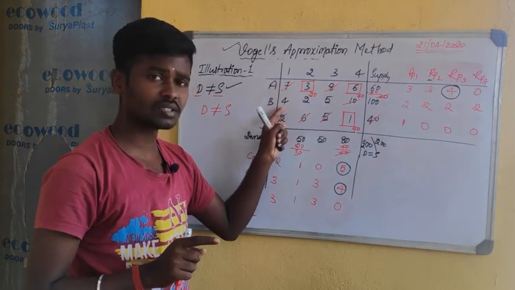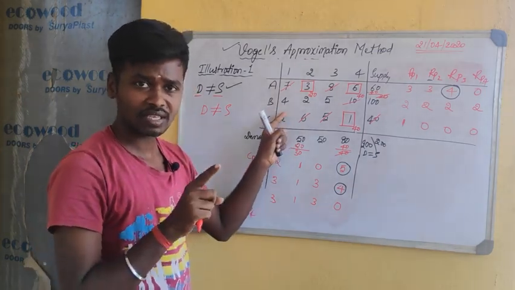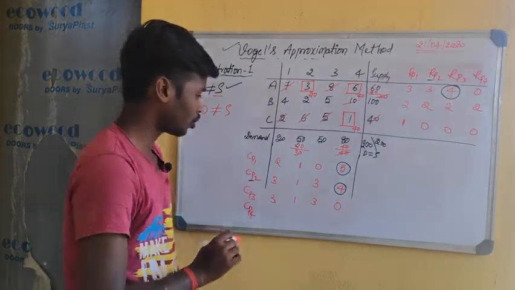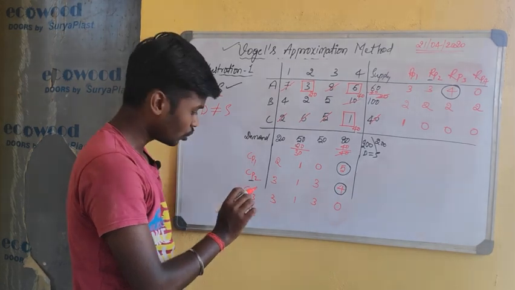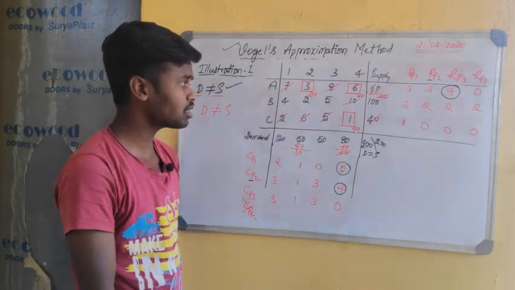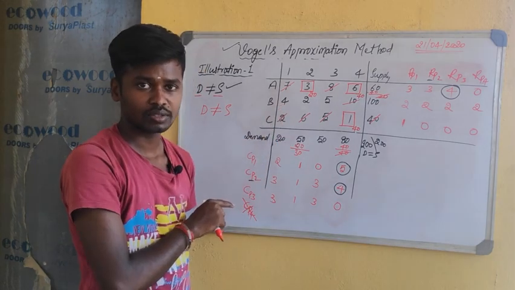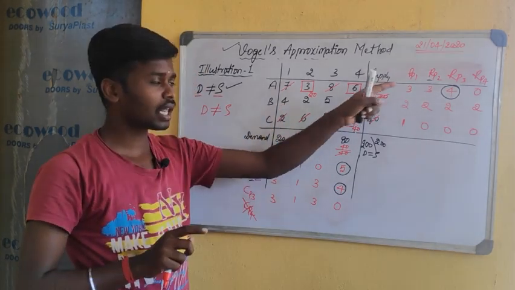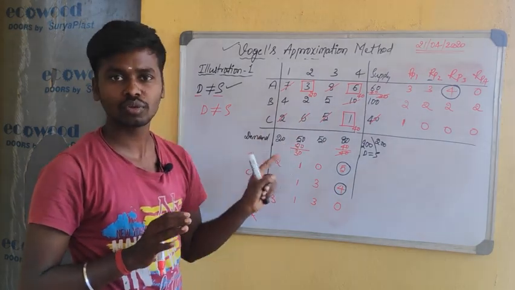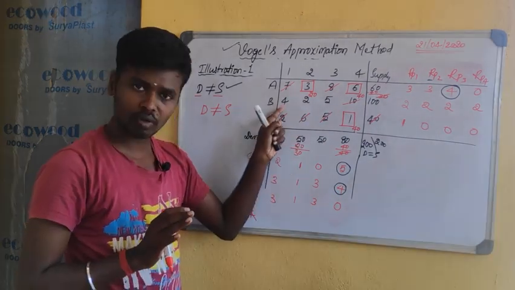In this column only one number is there, so there is no second least number. Hence you need not calculate this column penalty, because there is only one number. So your column penalty and row penalty calculations will stop here.